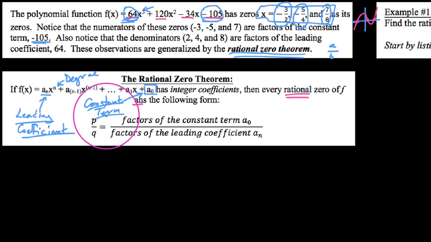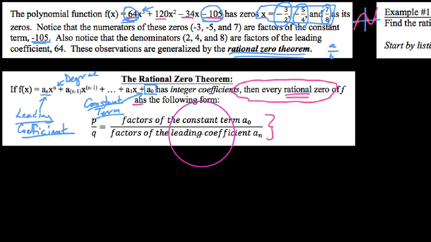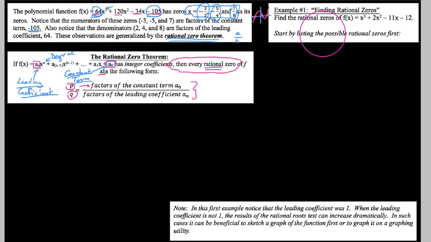Basically, if you have integer coefficients in your polynomial, then if a rational answer is even possible, it has to be in this format, p over q. Here p represents the factors of the constant term, over q, the factors of the leading coefficient, which is this a sub n here. So what I want to do is put this to practice for you and show you what I mean.